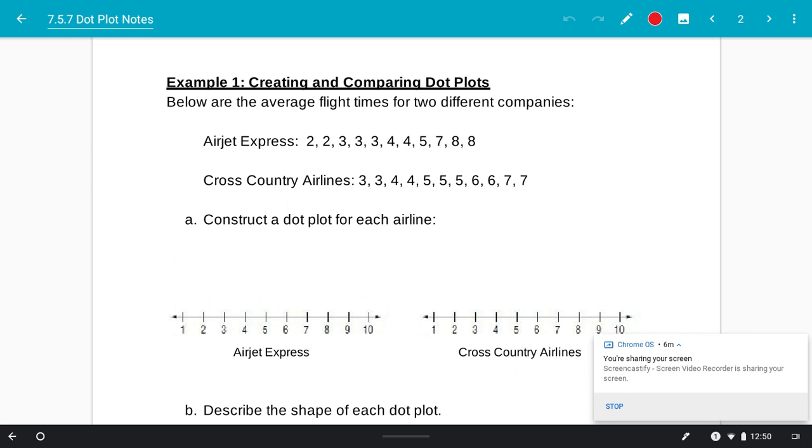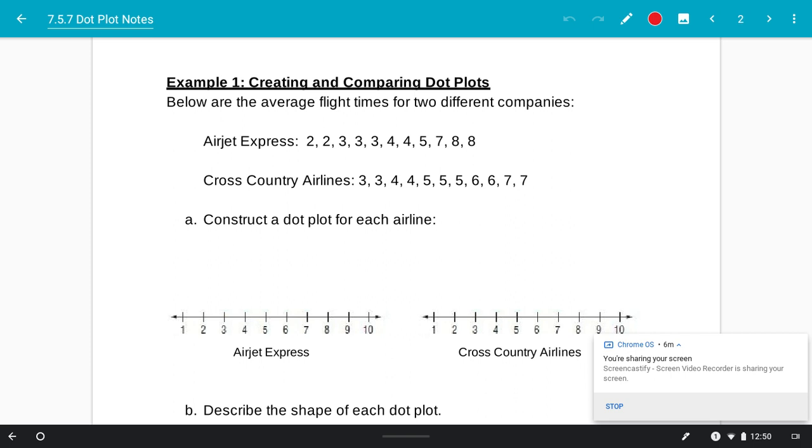So we're going to construct a dot plot for each airline. So first I'm going to do Airjet Express. So we have our x-axis already set up for us. That's very nice of them. What we're going to do is put dots over those data points. And as I go through it, I like to cross off the numbers that I've used already so I can keep track of it.